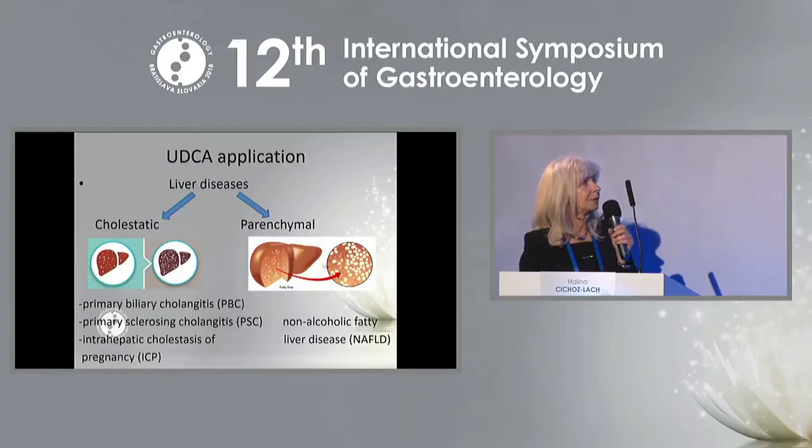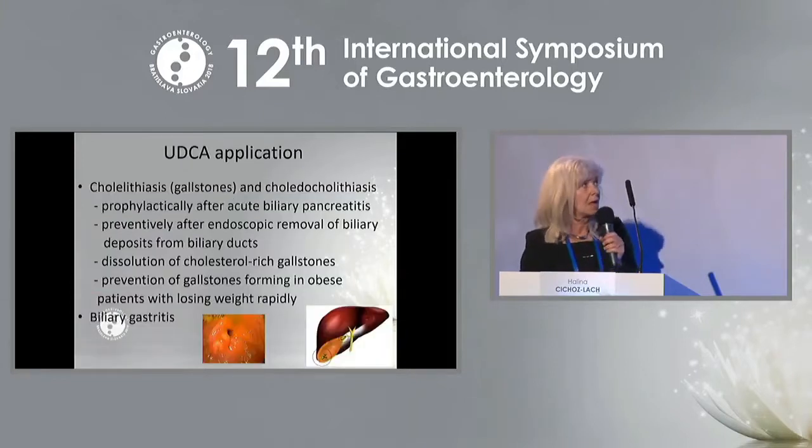Due to its properties, UDCA is applied in different liver diseases, mainly cholestatic and parenchymal liver diseases. Literature data demonstrated that UDCA may be helpful in the treatment of cholelithiasis and choledocholithiasis when stones are located in bile ducts, usually prophylactically after acute biliary pancreatitis, after endoscopic removal of stones from biliary ducts.